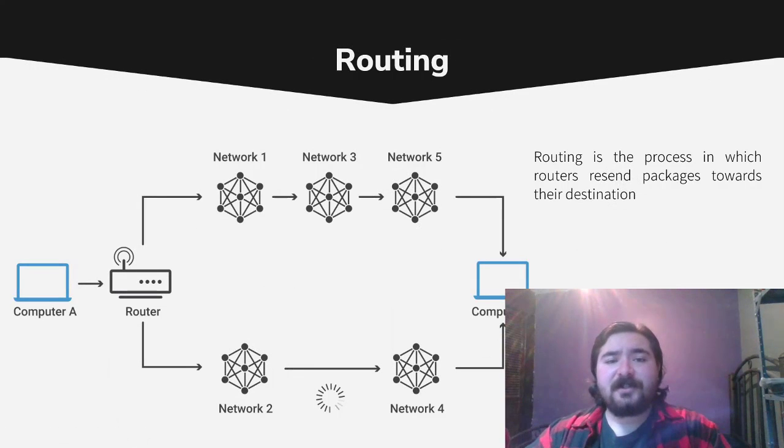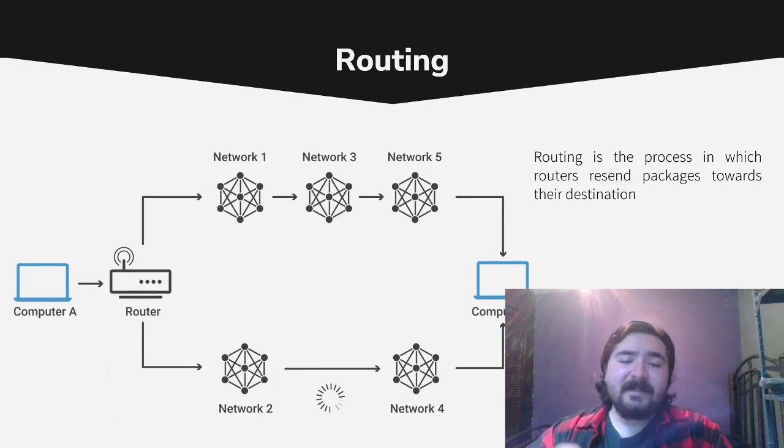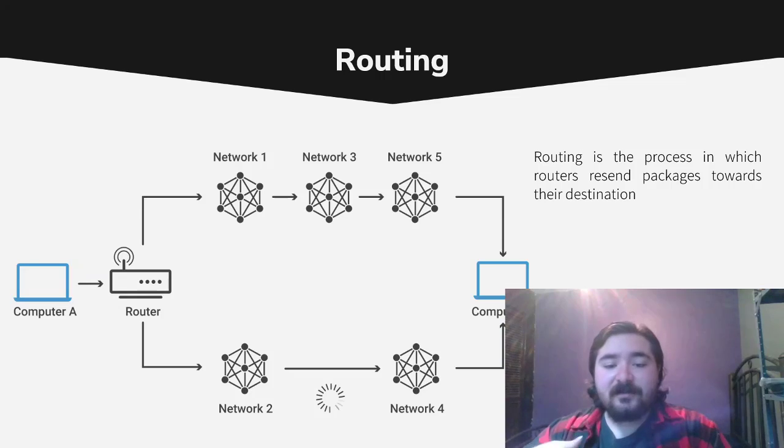As a brief introduction, and to make sure that we're all on the same page, what we call routing is the process that the devices known as routers make in order to resend a package to its destiny, which can be on the router's own network or somewhere else where it would have to take more leaps before reaching its destination.